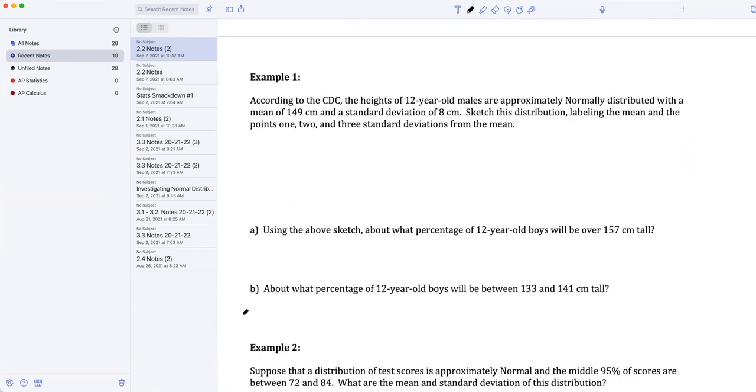According to this, heights are approximately normally distributed with a mean of 149 and a standard deviation of 8. Sketch this distribution, labeling the mean and points 1, 2, and 3 standard deviations from the mean. Okay, so here we go.